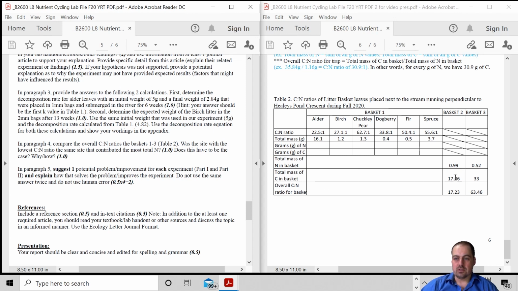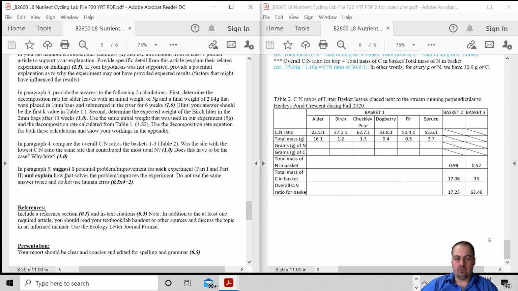And the reason is these are ratios. So if you have a basket that has a lot more carbon, then it can have more nitrogen than another basket, but the ratio can still be smaller. And that's kind of hard to explain in a video, but if you just play with the numbers a bit, you should be able to figure it out.